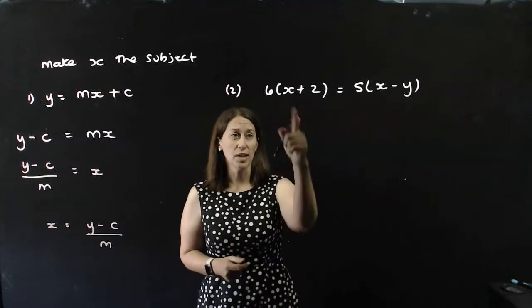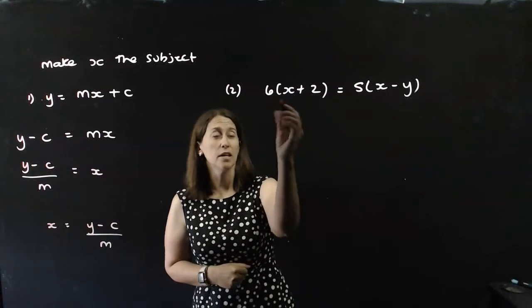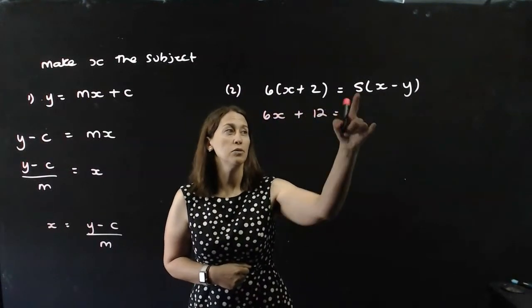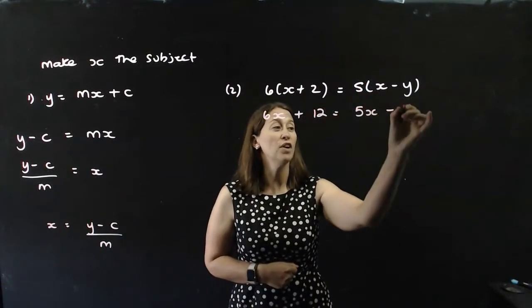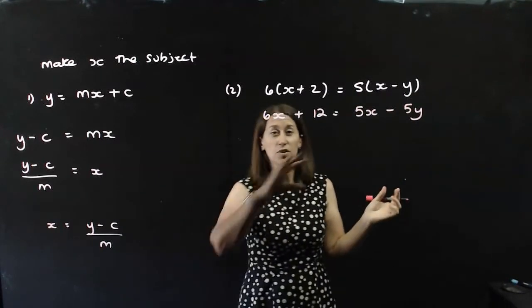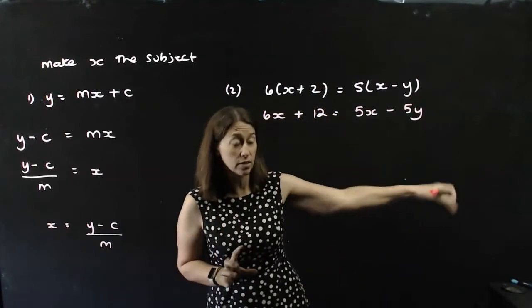Looking at this one, we've got x in two places. So the first thing we need to do is expand the brackets. So 6x plus 6 times 2 is 12 equals 5 times x, which is 5x, take away 5y. Now I need to collect together any like terms, so make sure all the x's are on one side and everything else is on the other side.